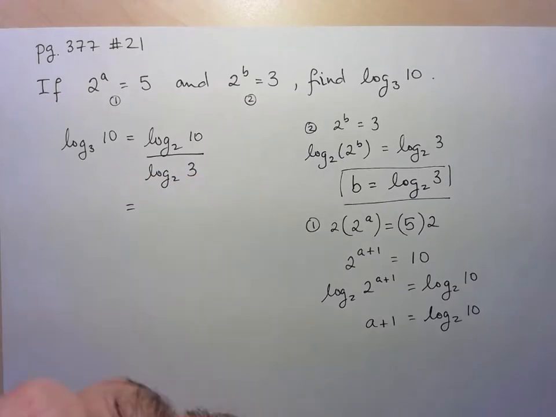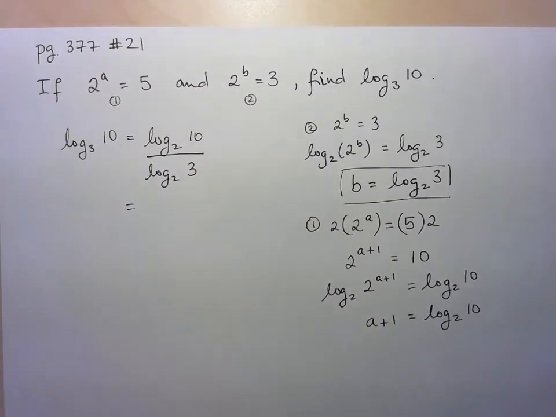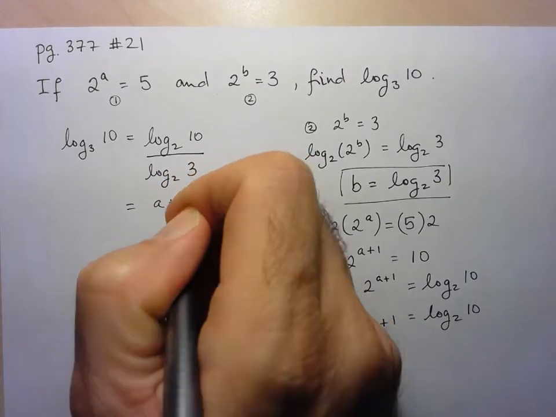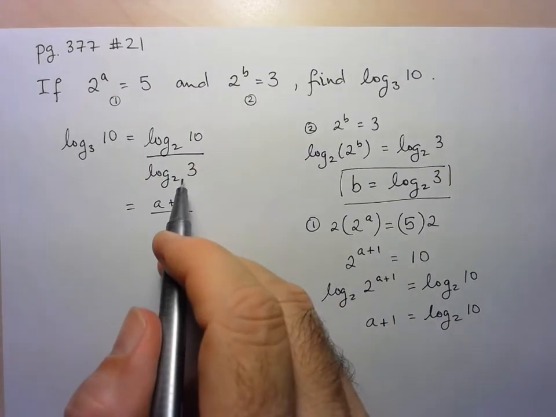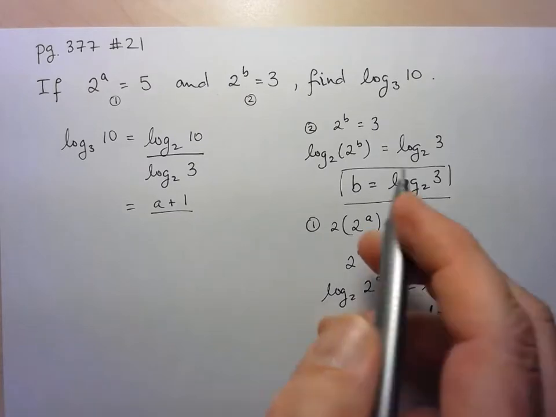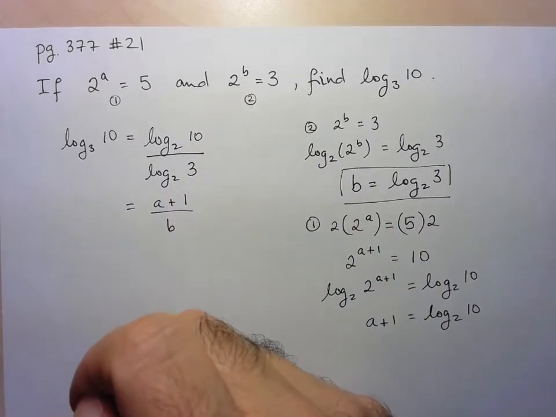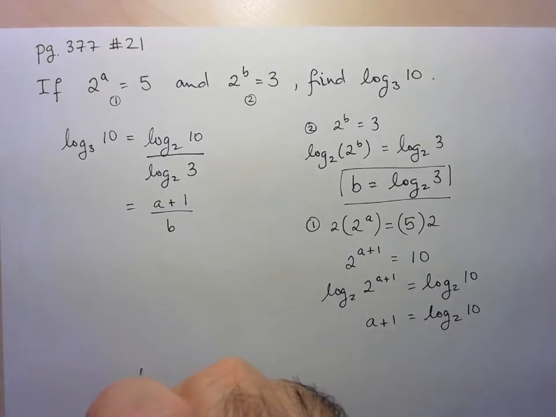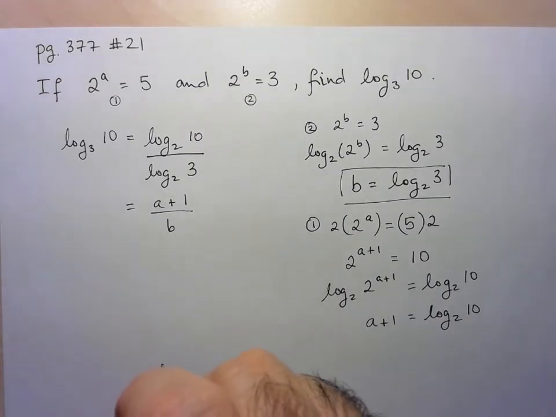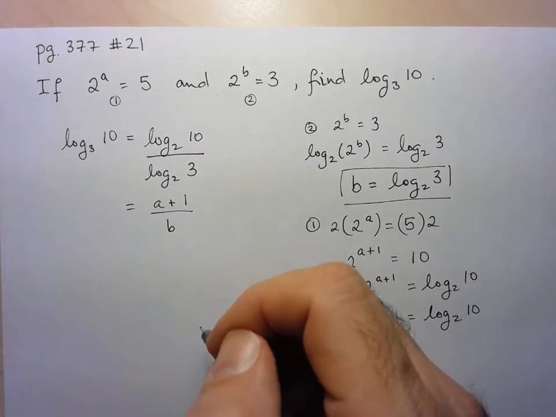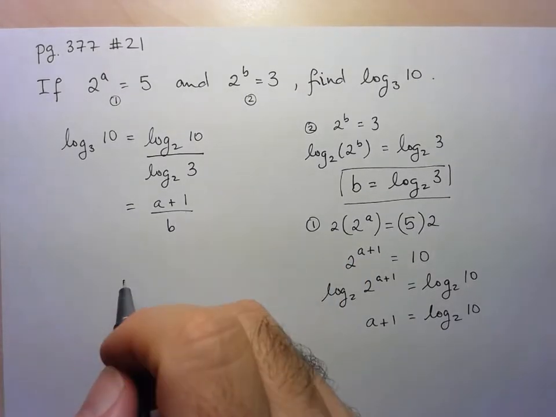So now we can find our expression for log base 3 of 10: numerator a plus 1, and denominator log base 2 of 3, which we found was equal to b. And there we have it, our final answer. If we look at the multiple choices here, I see that that is C. So number 21 answer should be C, which is a plus 1 over b.